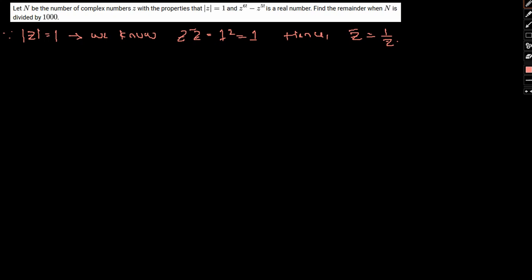Now, as z to the power 6 factorial minus z to the power 5 factorial is real, it is equal to its complex conjugate.